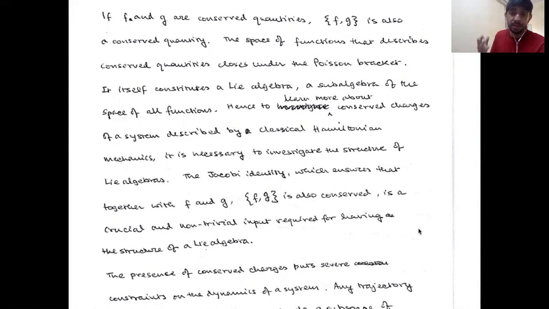It itself becomes a Lie algebra, and this is a subspace of the space of all functions. Hence, if you want to learn more about conserved charges of a system described by classical Hamiltonian mechanics, it's very necessary to investigate the structure of Lie algebras.